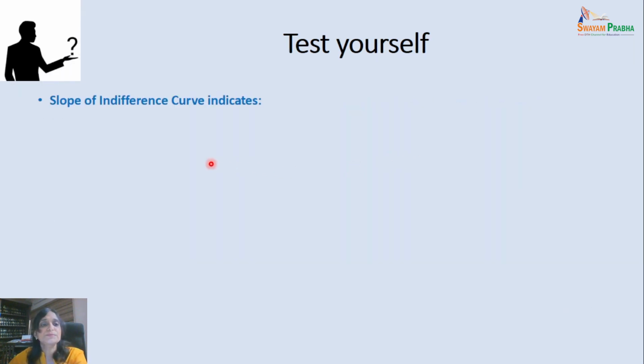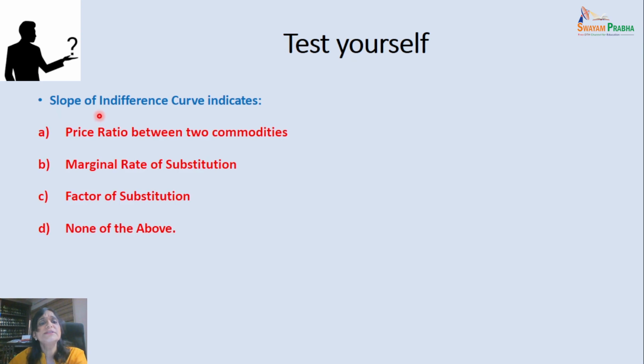Another question, what does the slope of indifference curve indicate? Price ratio between two commodities, marginal rate of substitution, factor of substitution, or none of the above? The answer is marginal rate of substitution. What is MRS, or marginal rate of substitution?